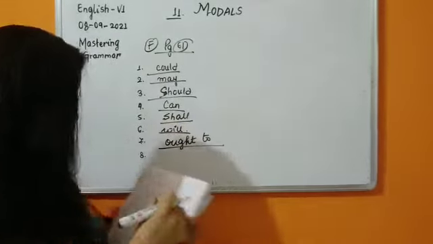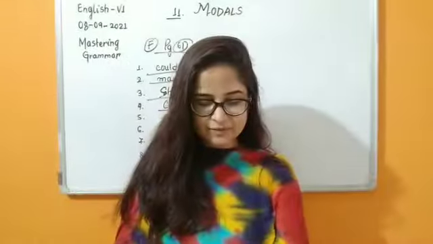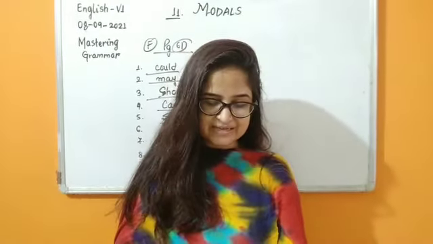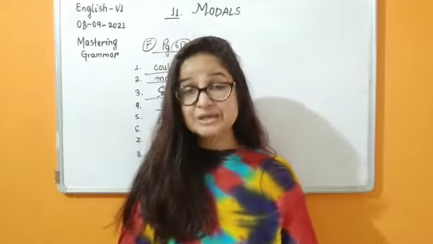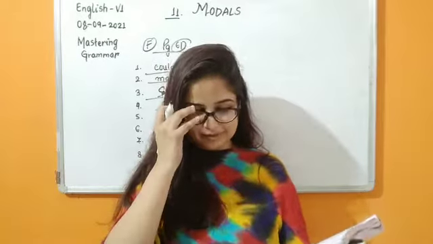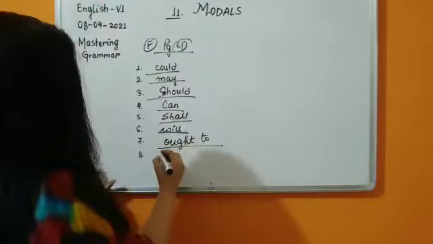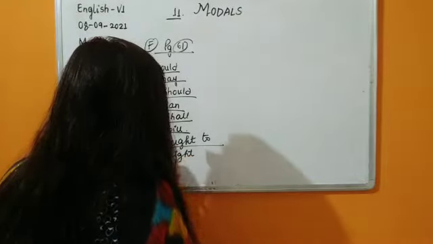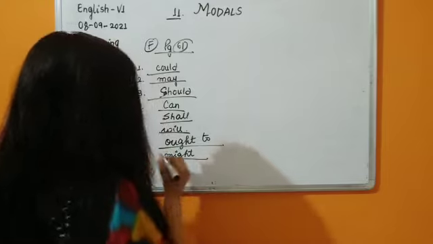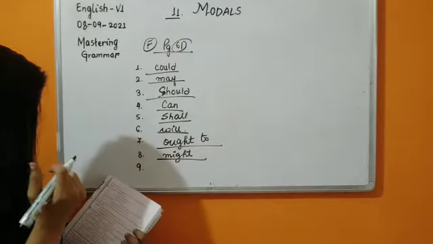Number 8. Since there was heavy traffic, Jane said that she dash be late for the party. She might be late for the party. There is a rare possibility that she can be late.